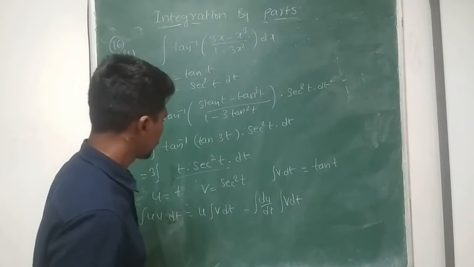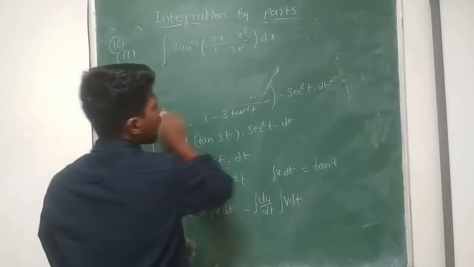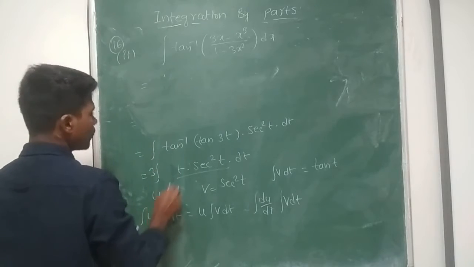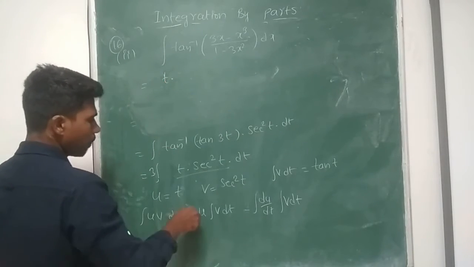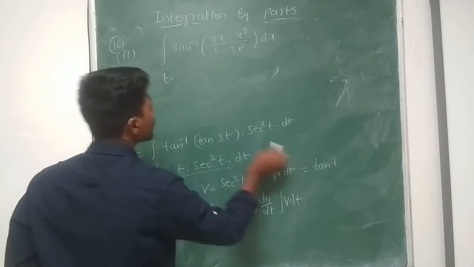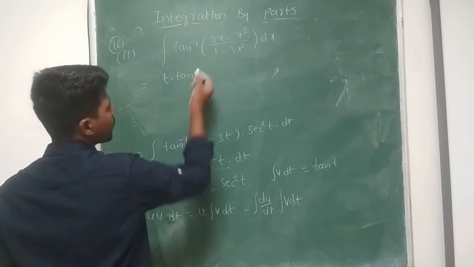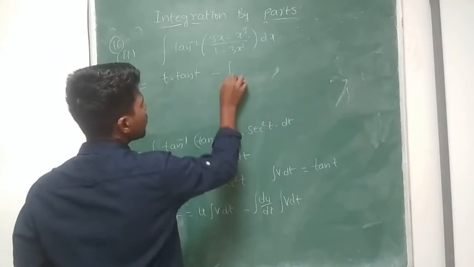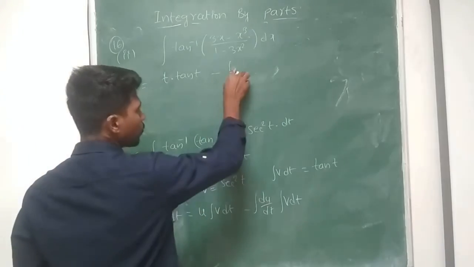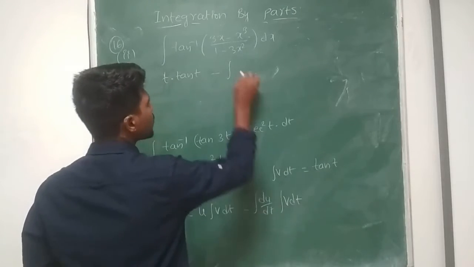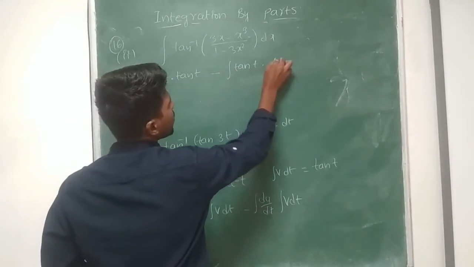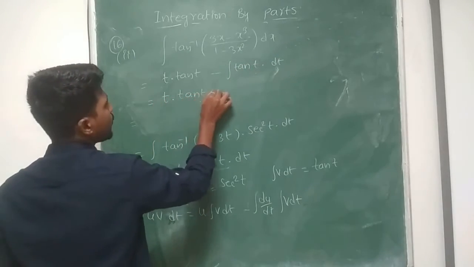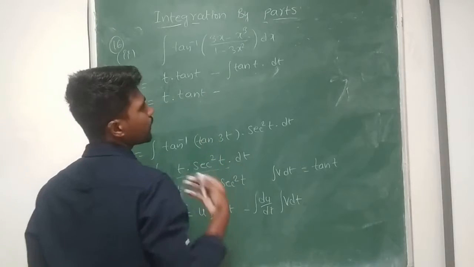So replace this and get the answer as u, which is t, into the integral of v dt, tan t, minus the integral of du by dt, which is nothing but 1, times the integral of v, which is tan t. So I get the integral of tan t dt.